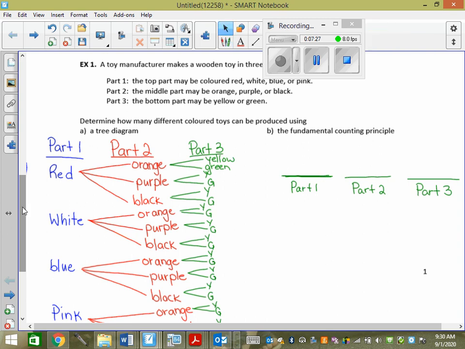So like we were saying, we had 4 options. So up here we list the amount of options. 4 options for part 1. 3 options for part 2. 2 options for part 3. And we can multiply them, which gives us 24. 24 different colored toys.